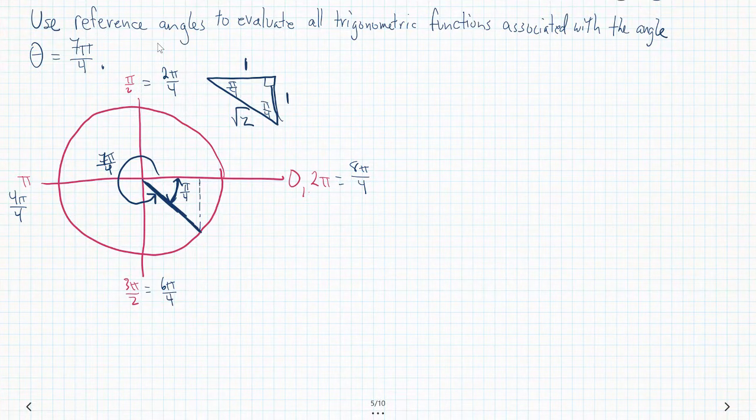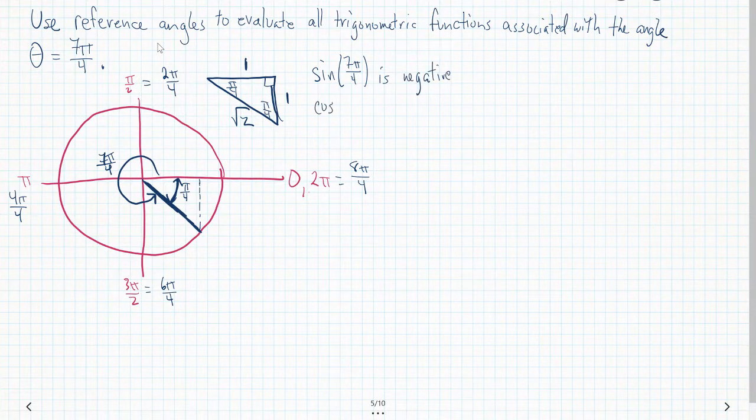Now, the only thing we have to realize is sine is negative. And cosine of 7 pi over 4 is positive because of the quadrant that we're in. The rest, just use that triangle.